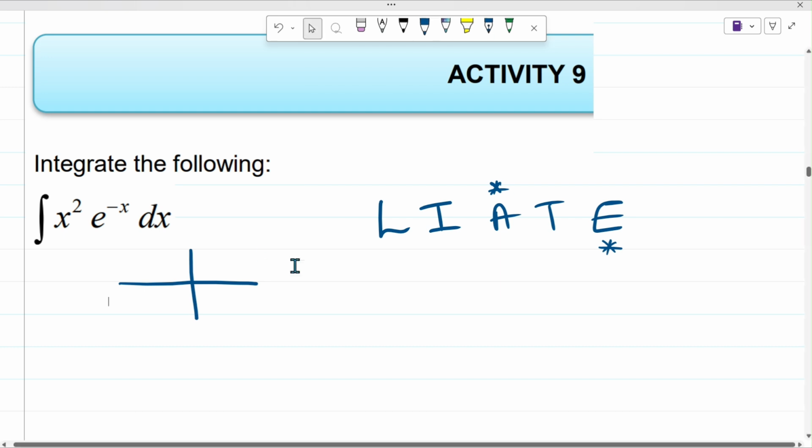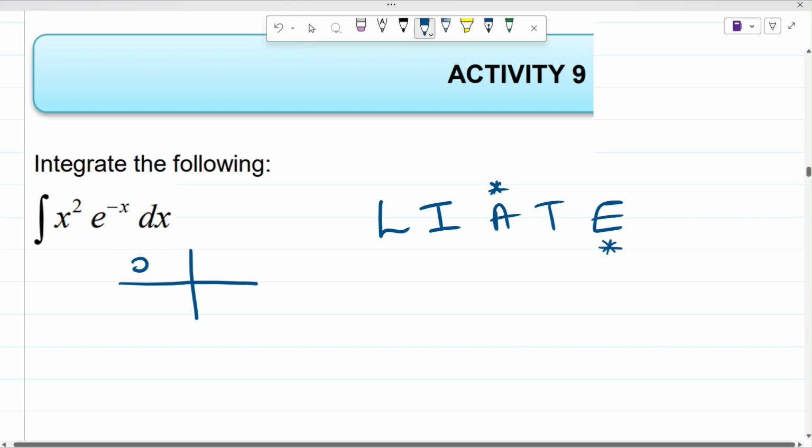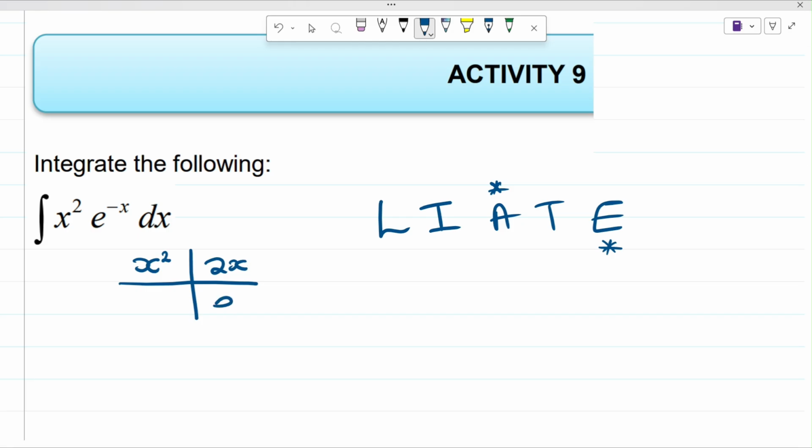So we identified that we have an algebraic function and an exponential function. Since the algebraic function comes first, we need to differentiate it. The thing that comes last, we integrate it. So we're going to differentiate our algebraic function, which is x squared. We have x squared here. We're going to differentiate this x squared and it's going to become 2x. And then we've got e to the power negative x. We're going to integrate it. It's going to become negative e to the power negative x.